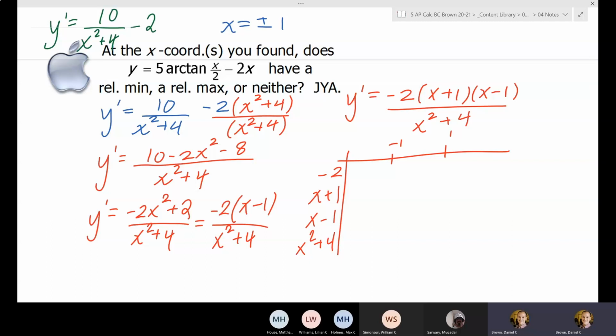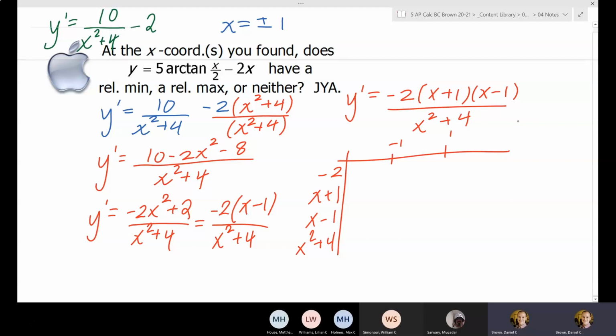So we already found the derivative, and again, for a sign chart, we know along that vertical go our factors. Well, that 10 over x squared plus 4 and the -2, those aren't factors, those are separate terms. So by getting a common denominator, I can then simplify it and then factor it, and then I can easily make a sign chart. One nice thing is we could have simplified it first.